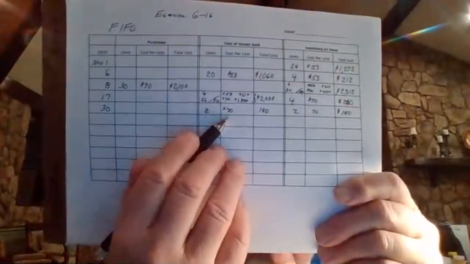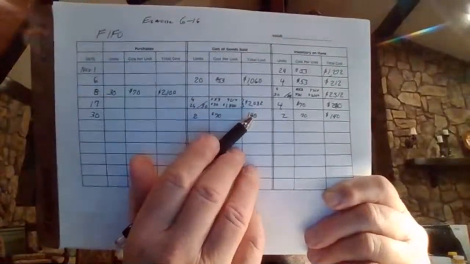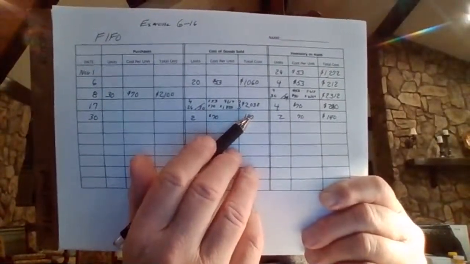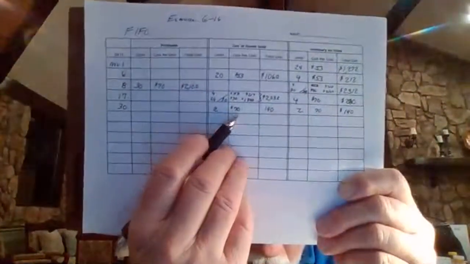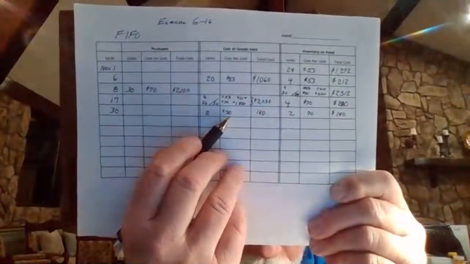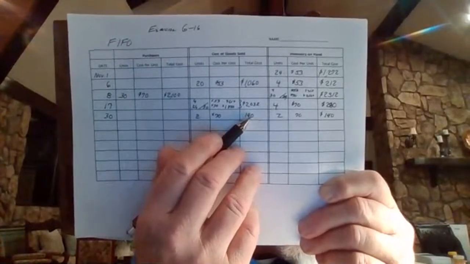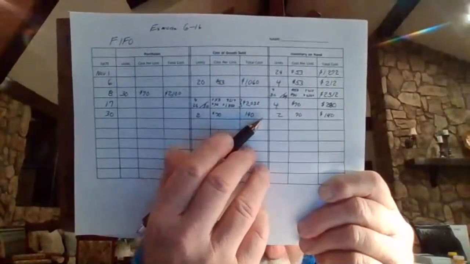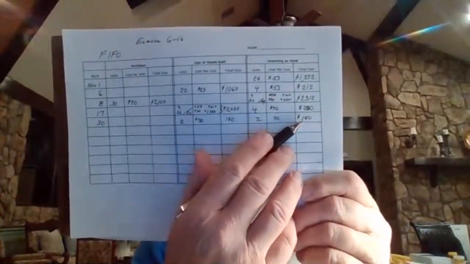There's only 1 layer, so they have to be $70 units. 2 units sold out of the 4 we had left, they have to be $70. $140. And that leaves us with 2 units at $70 for $140.